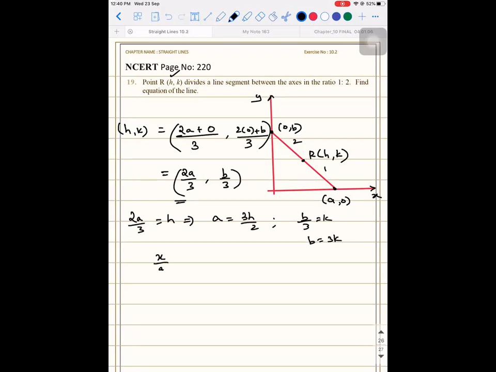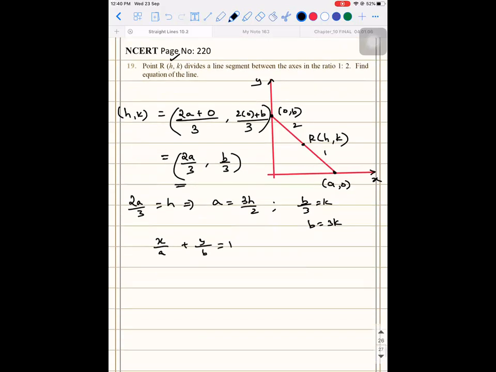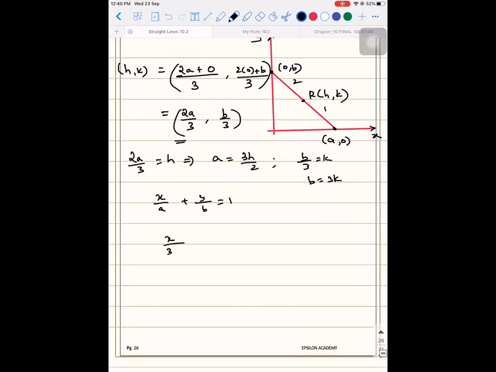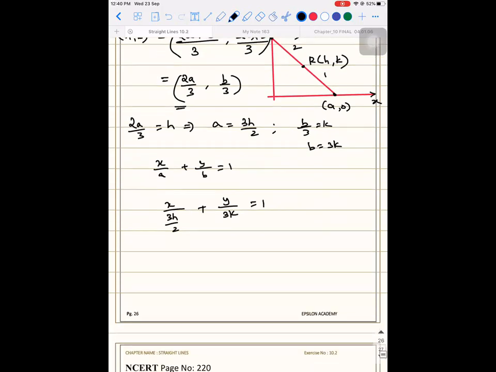So what is the equation of line? x by a plus y by b is equal to 1. x divided by a, which is 3h by 2, plus y by b, which is 3k, that is equal to 1. So 2x by 3h plus y by 3k is equal to 1, that is 2x by h plus y by k is equal to 3. So 2x by h plus y by k is equal to 3 is the required answer.